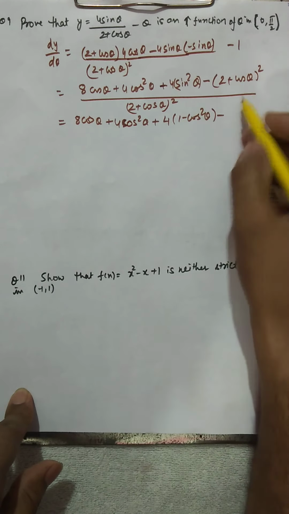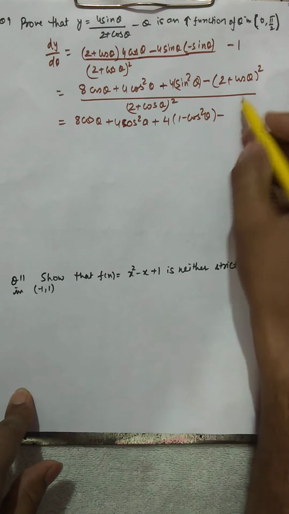So you can write here, cos theta is always positive for theta belongs to 0 to pi by 2. We can use this fact, and we can simply now say that dy by dx is always greater than 0.